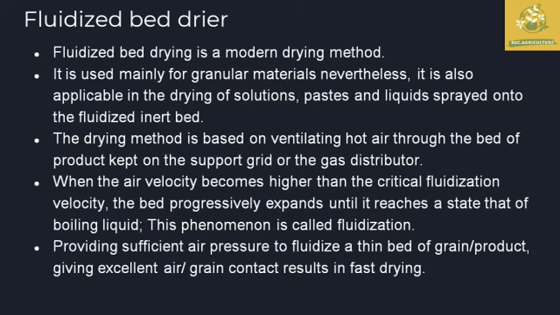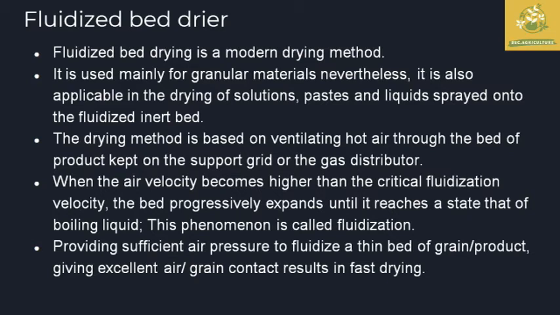And the next one is the fluid bed dryer. The fluid bed dryer is a modern drying type, and it is used mainly for granular materials. It is also applicable to dry solutions, pastes and liquids sprayed onto the fluid inert. The drying method is based on ventilating hot air through the bed of product kept on a support grid and gas distributor, and where the boiling point is reached, this phenomenon is called fluidization of the material with the air current.